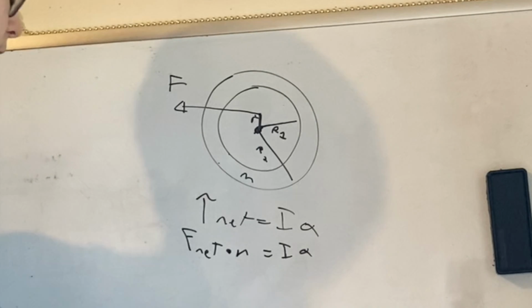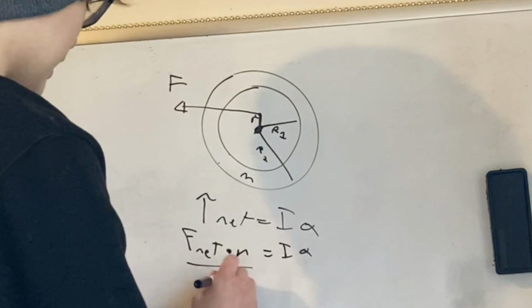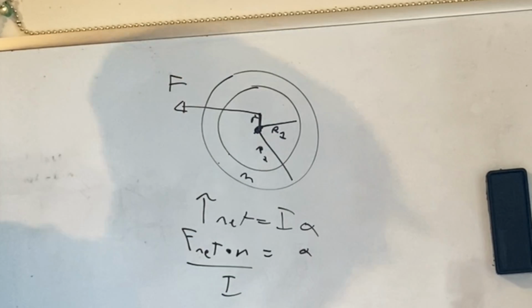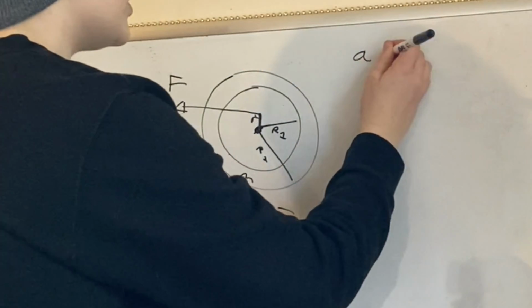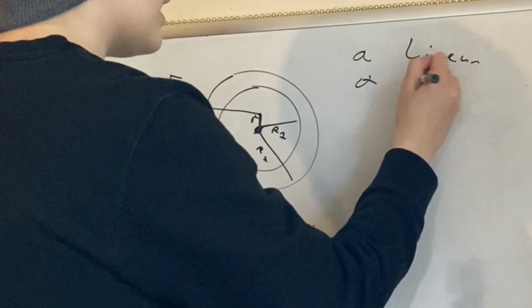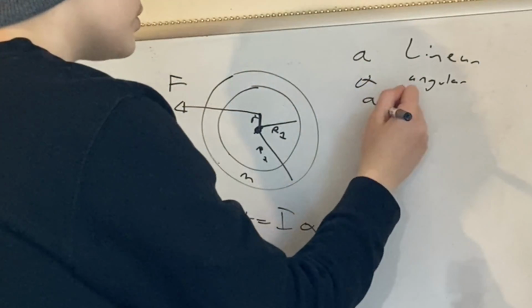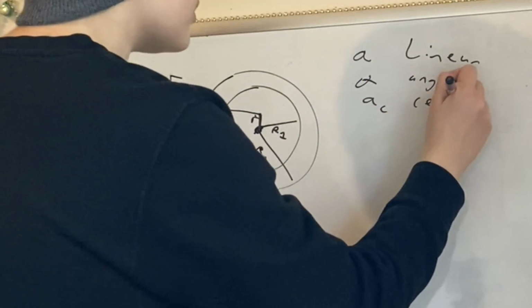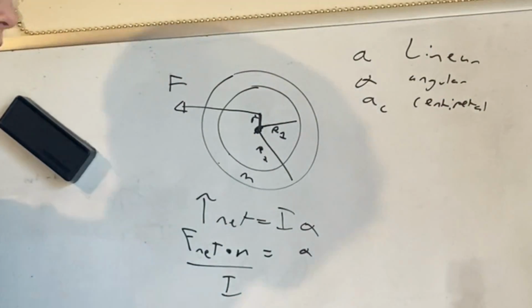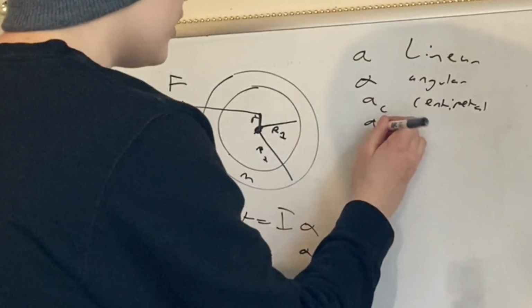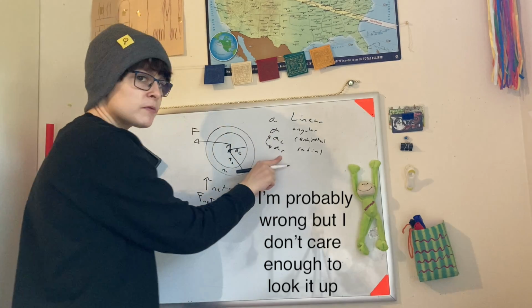You'd probably solve for alpha first, so you'd put it all over I, and then the key thing is knowing the different types of acceleration. This is linear, and we know alpha, which is angular, and we also know centripetal, the acceleration toward the center. Next we have radial. These are the same. There's no purpose for this to exist.